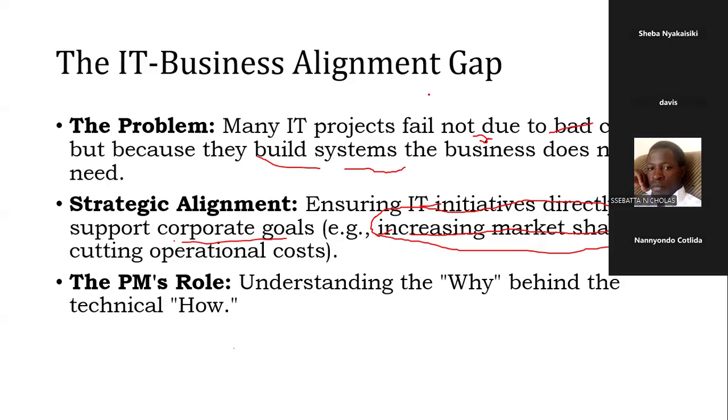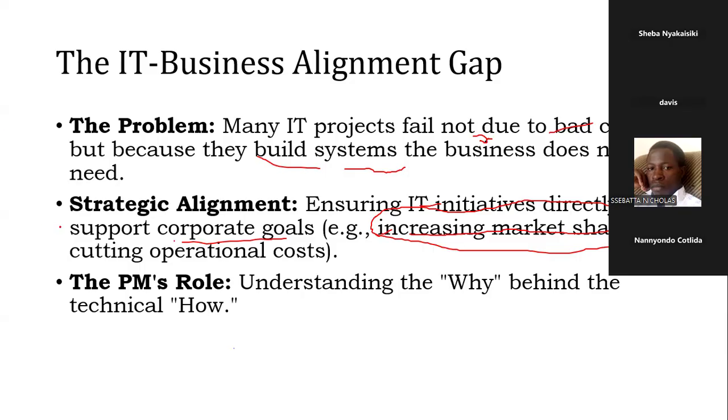So if an organization came to you, the IT manager, and said if we want to increase our market share, how are you helping us as IT? At this point, you're no longer thinking in terms of coding. You're thinking what solution can help management. It's not now coding. What solution can help the sales team? That's what you're thinking.